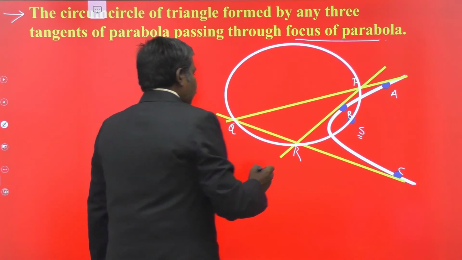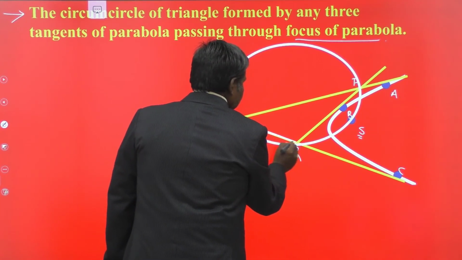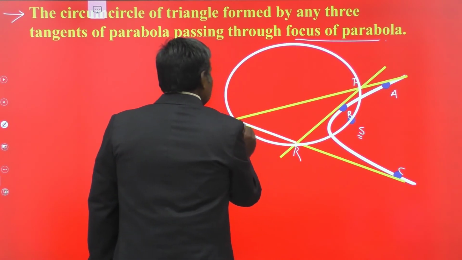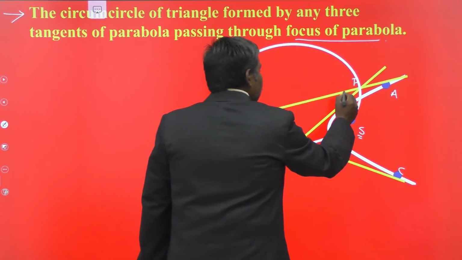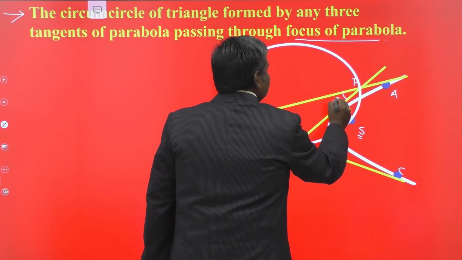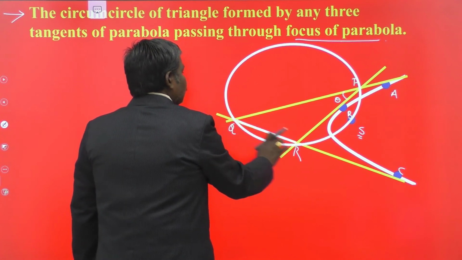So my dears, consider this chord. Now suppose this is the angle theta. This is the major arc with respect to this chord.